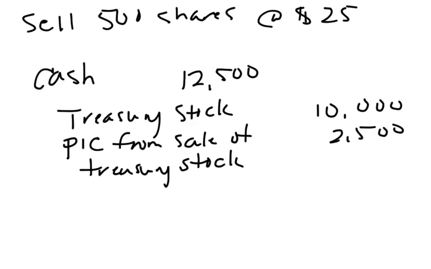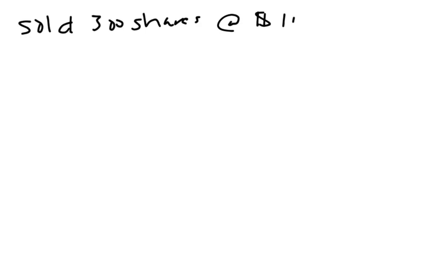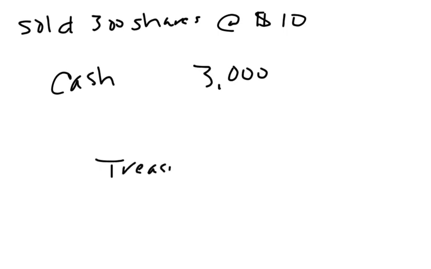So let's say instead of selling these 300 for $18, we sold those 300 shares at $10 apiece. Well, now I'm only going to get cash of $3,000. But the treasury stock still cost me $20 a share for those 300, so we still need to decrease that account for the $6,000.